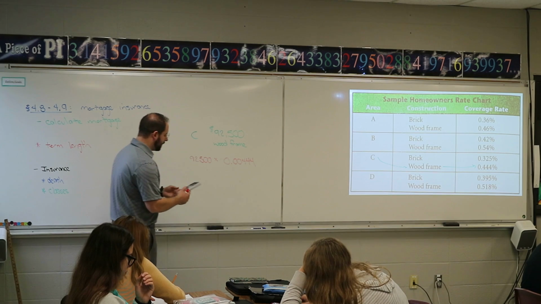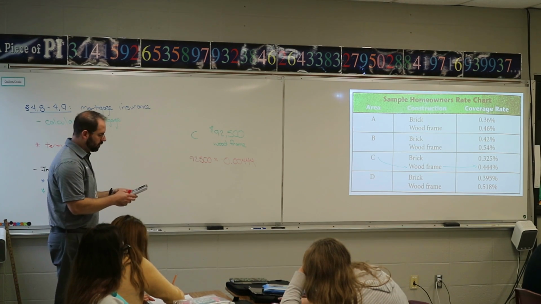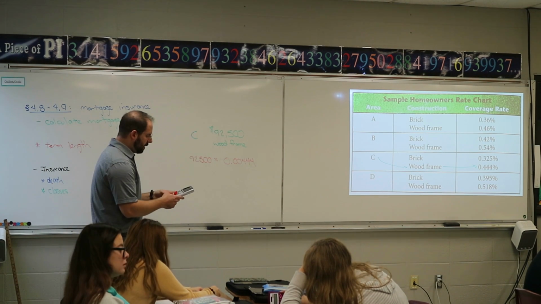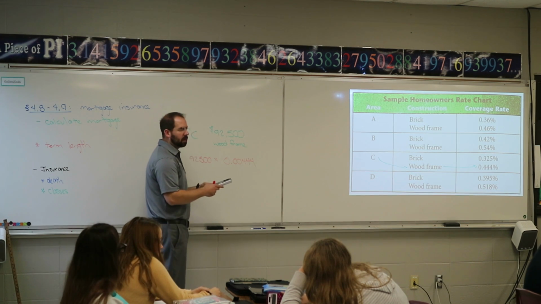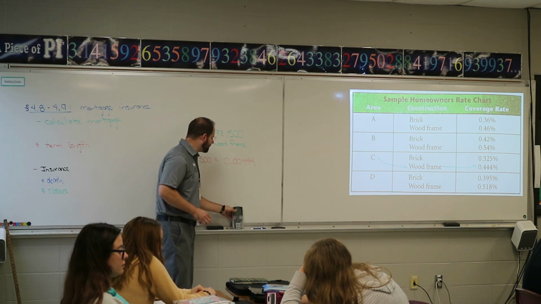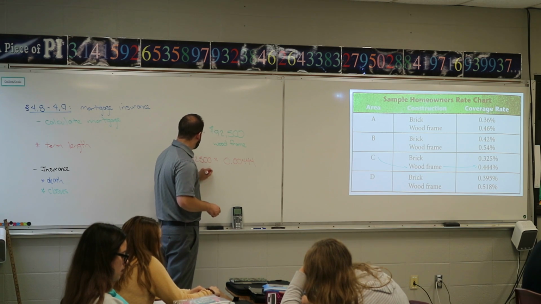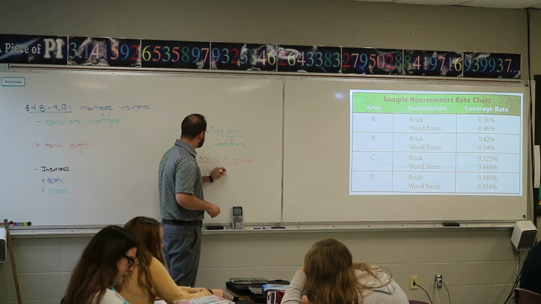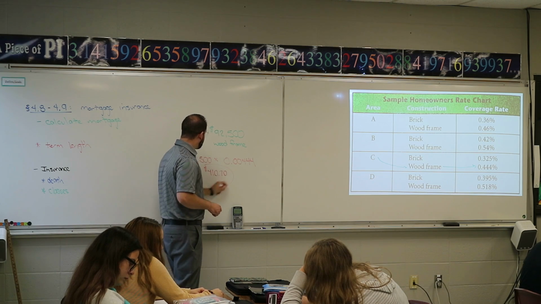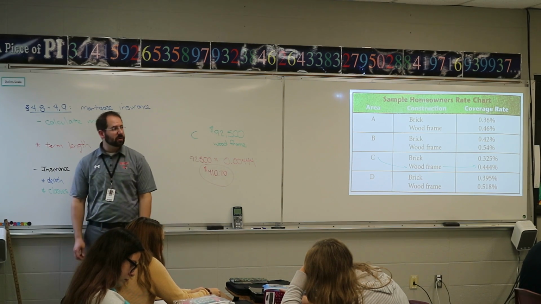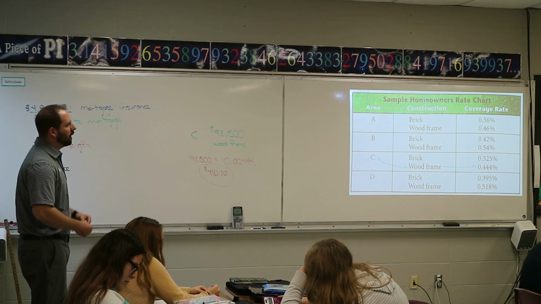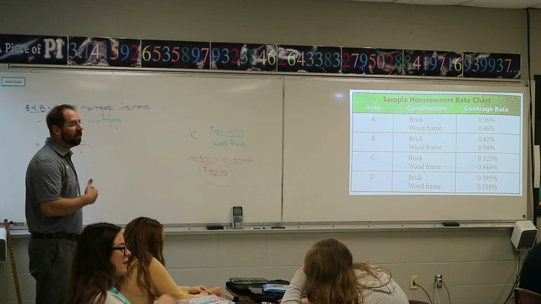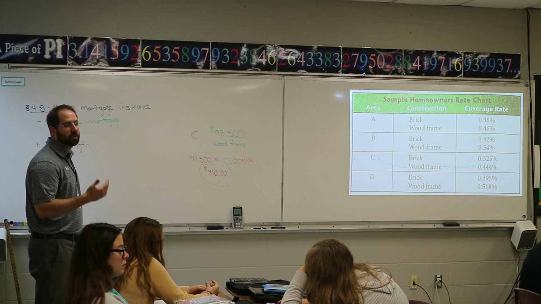And what this is, the 92,500 times 0.00444. Okay, we have a $410 payment. So maybe your insurance coverage, this is a pretty big number. Some people, maybe that's your annual coverage, maybe that's your monthly coverage. It just depends on what area you live in. This could be a monthly coverage. Maybe they charge you that per month.